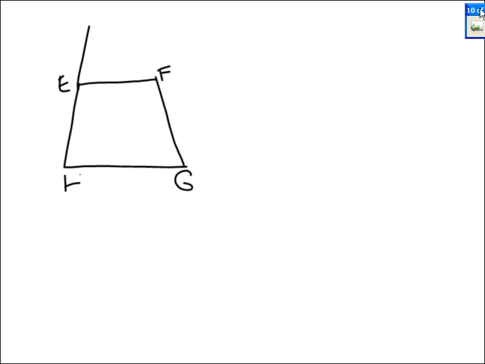Suppose you have something like this. You have a 4-sided figure, 1, 2, 3, 4, with this side extended. You call it E, F, G, H, and J. And you're told that the measure of angle F is 110 degrees.